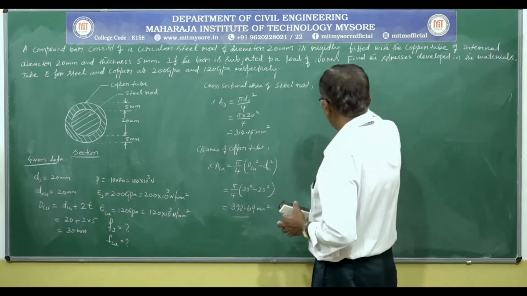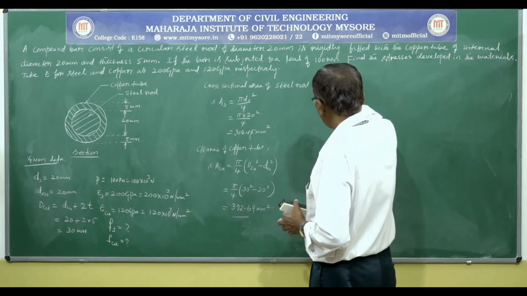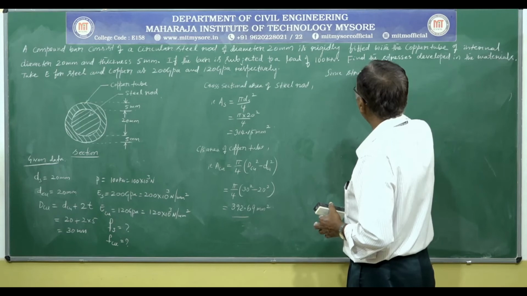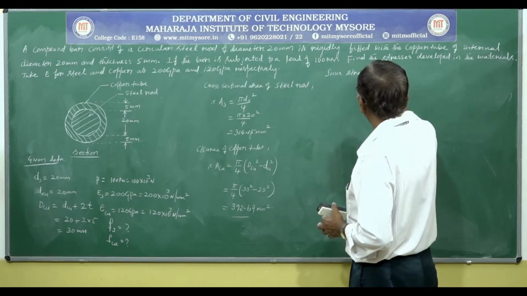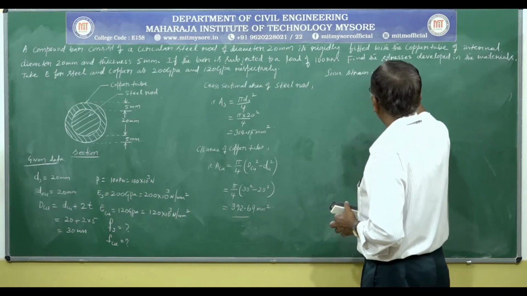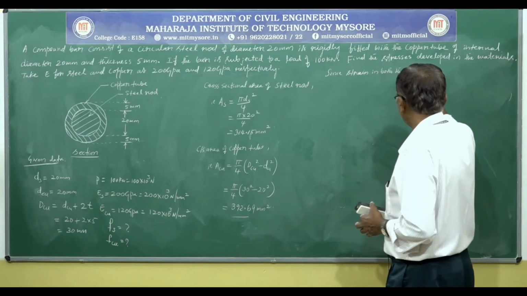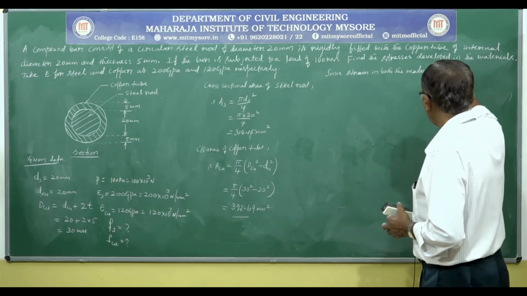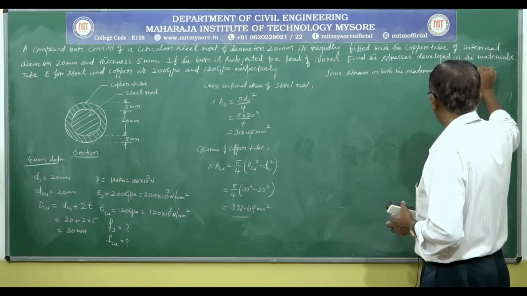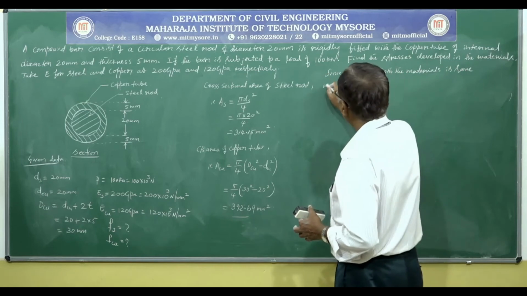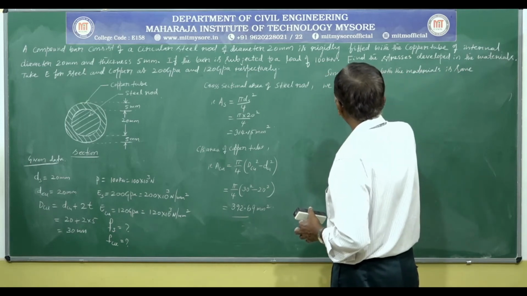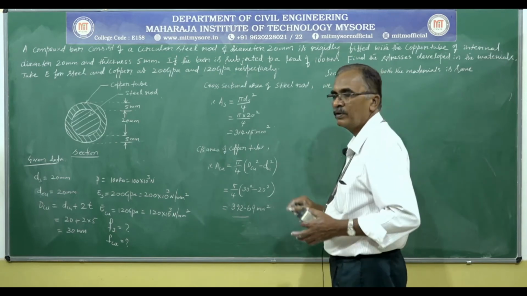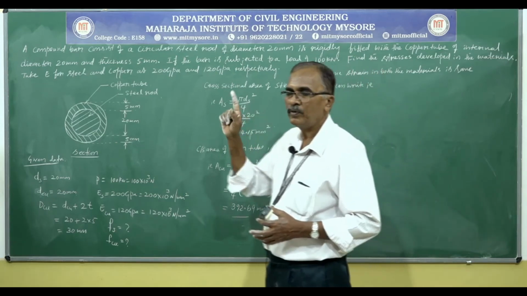Next, since this is for compound bar or composite bar, strain in both the materials is same, we can write, there we used E1, E2, f1, f2.